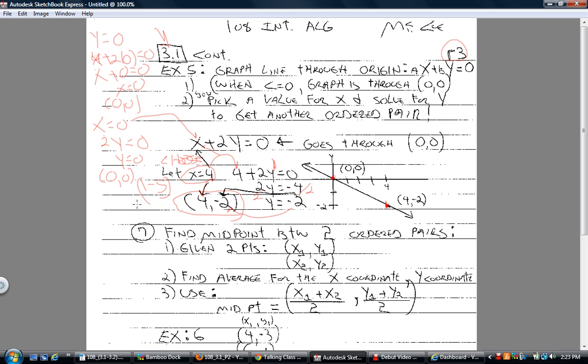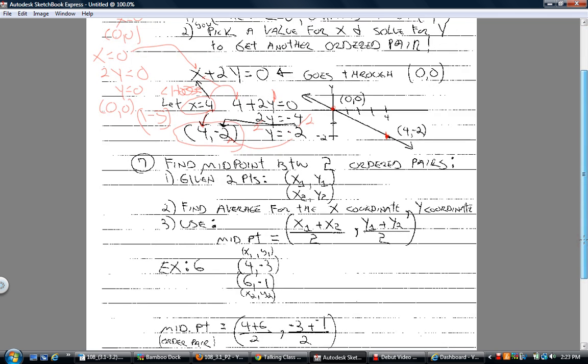So let's turn around and cover objective 7. This is the last objective for this section, 3.2, and they're asking you to find the midpoint. Midpoint means the halfway point between two points.